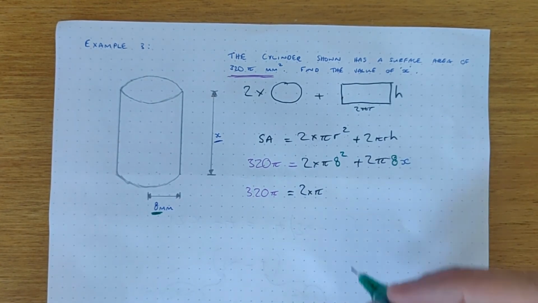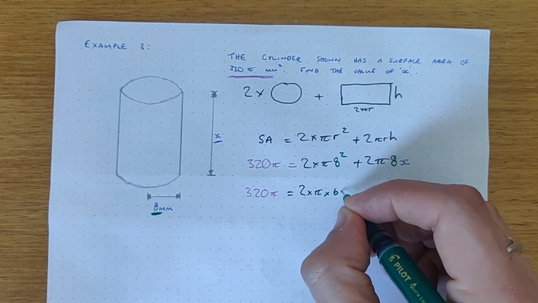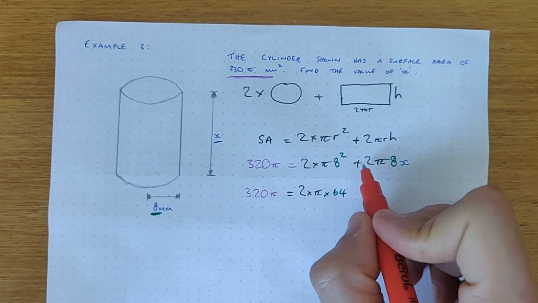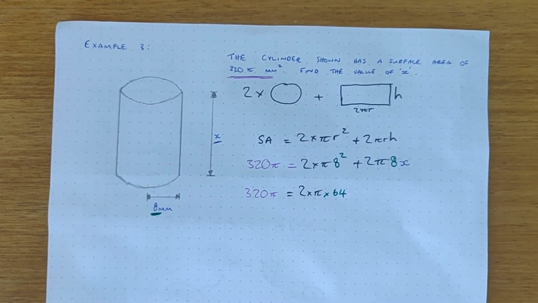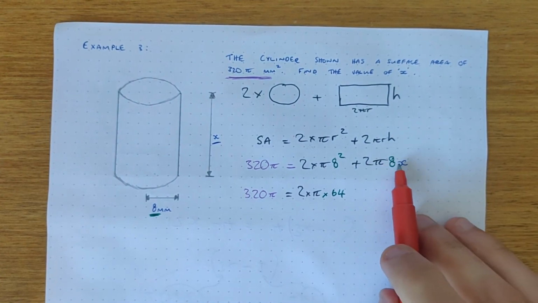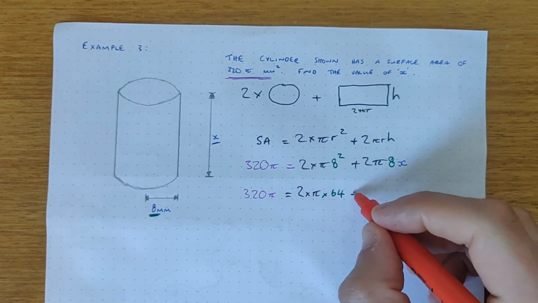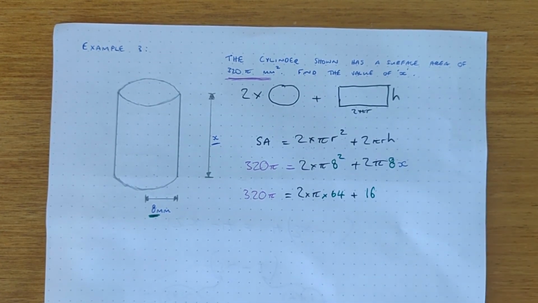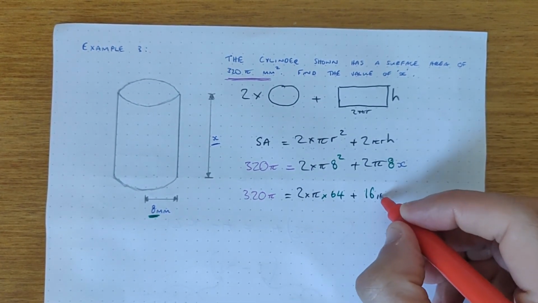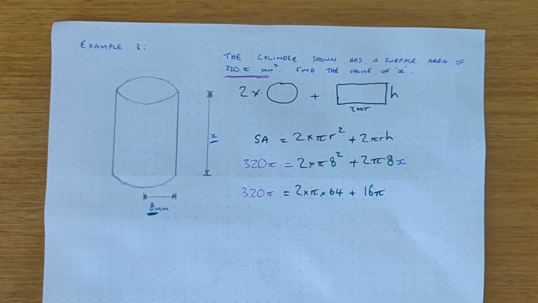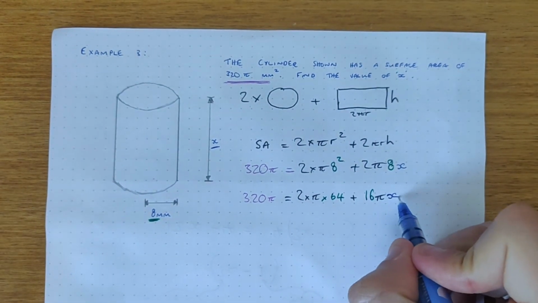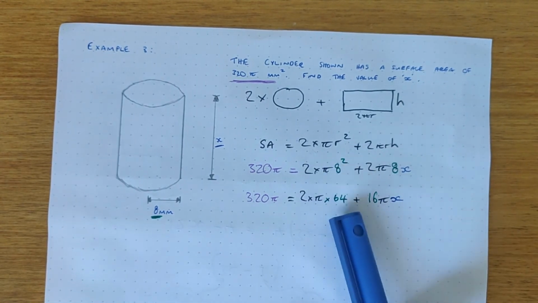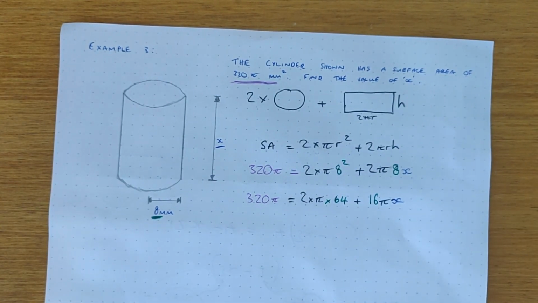I'm going to actually square 8, so that means I'm multiplying this by 64. Okay. I'm then adding, I've got 2 pi and x. What I'm going to do is go 2 and multiply it by this 8, and I will get 16 pi multiplied by x. All I've done is square the 8 and then multiply the 2 and the 8.